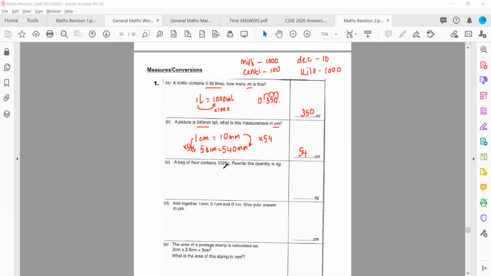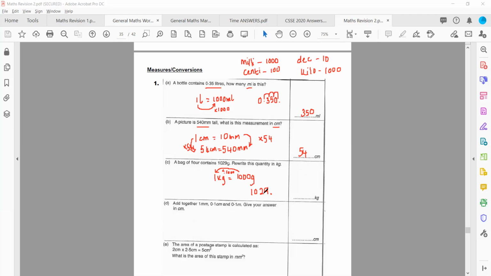Now, a bag of flour contains 1,029 grams. Rewrite this quantity in kilograms. So 1 kilogram equals 1,000 grams. We've got 1,029 grams. Now, to go from 1,000 to 1, we would divide by 1,000. So you would take your 1,029. Now, when dividing, remember that the decimal point is always sitting here after the ones number, even if you can't see it.